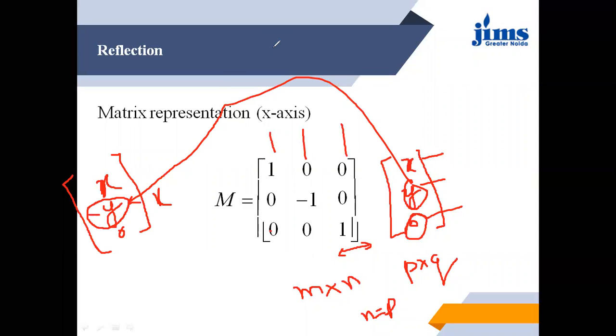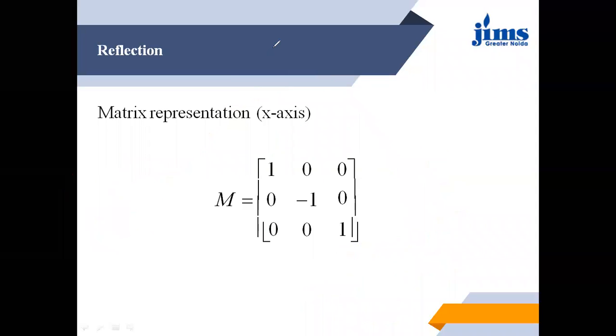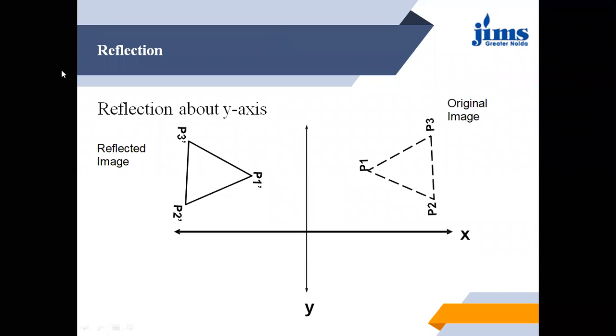So this was about the reflection with respect to the x-axis. The same happens with the reflection in the y-axis, only now the value of the x coordinate is going to be changed.